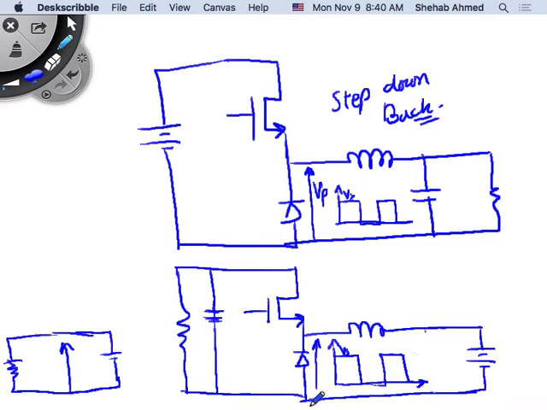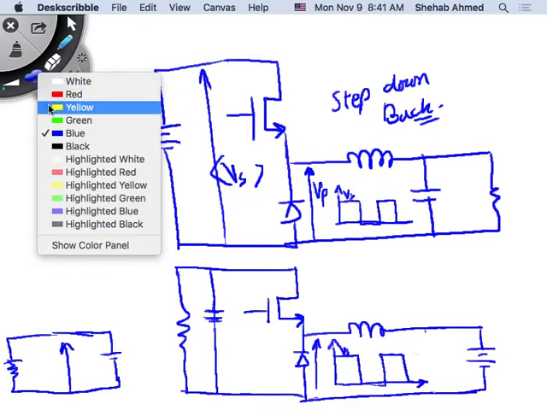Right? So now comes the interesting part. Here was Vs, right? This voltage has an average value of Vs, correct? And in the step down converter, I was taking this Vs, chopping it up to create a lower average value.